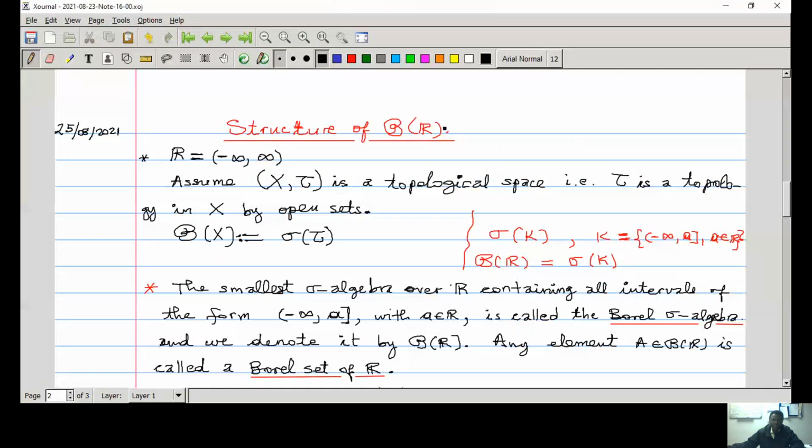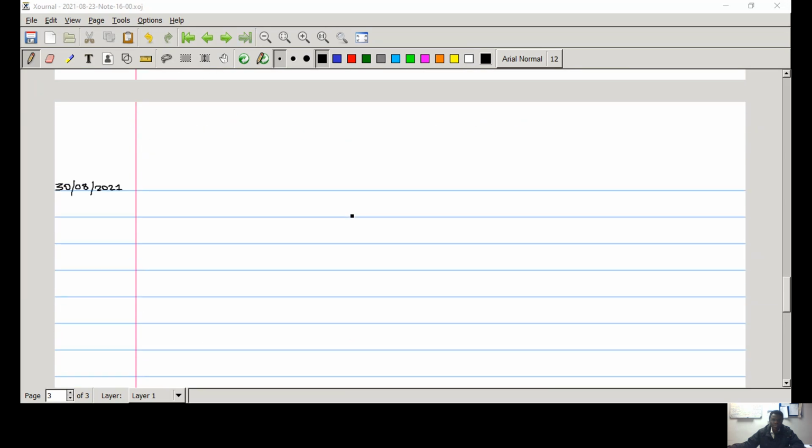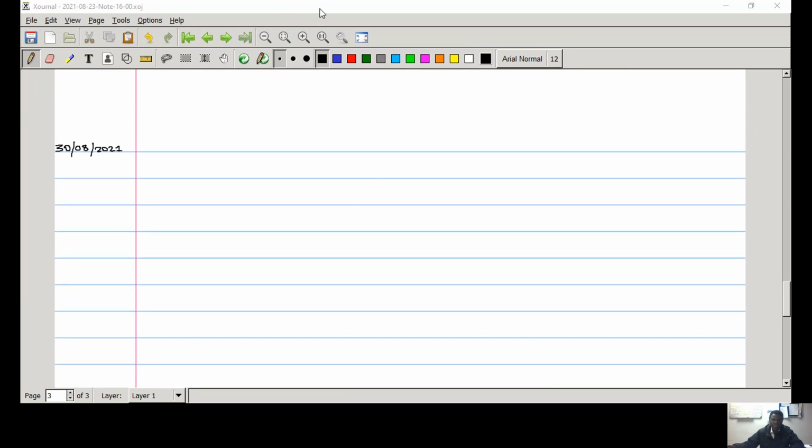We discussed this structure of BR, and I will go straight to the definition of a measure. So I'm going to define a measure, because already what do we have? In order for us to define a measure, we need a measurable space, right? So let me make a short recall here.